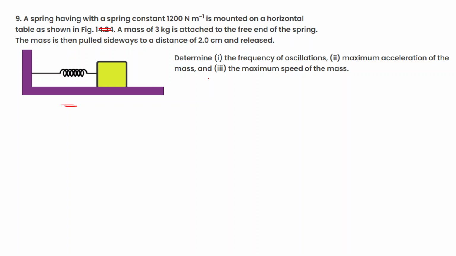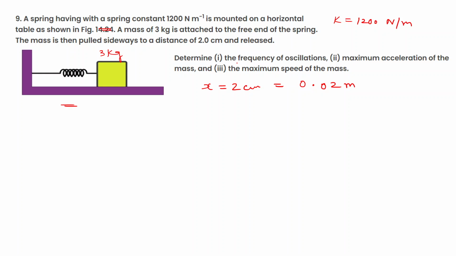A mass of 3 kg is attached to the free end of the spring. The mass is then pulled sideways to a distance of 2 centimeter, converting it into meter, 0.02 meters, and released.